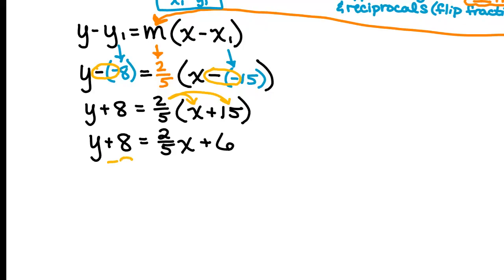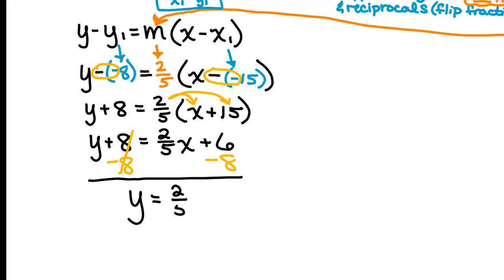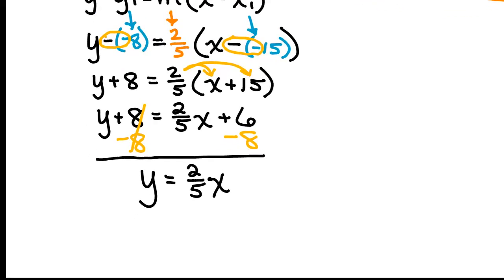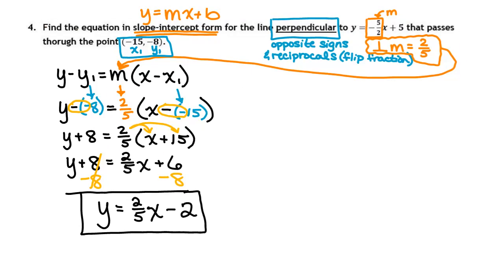Subtract the 8 from both sides. Slope-intercept form has the y all by itself. And so we want to get our y all by itself. So y equals 2 over 5x. And then what is 6 minus 8? -2. So there's my equation of the line that is perpendicular.